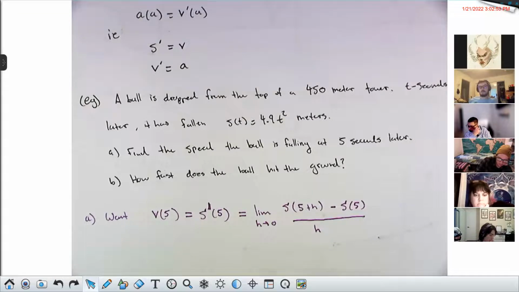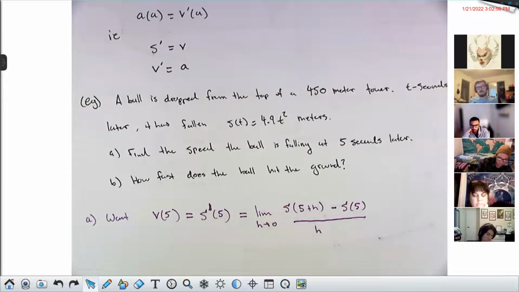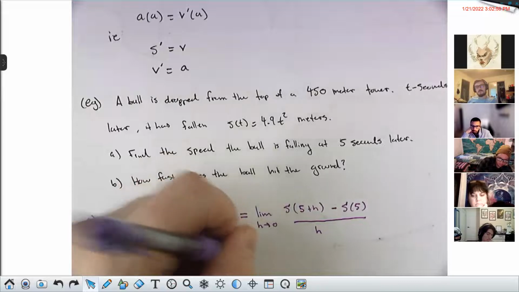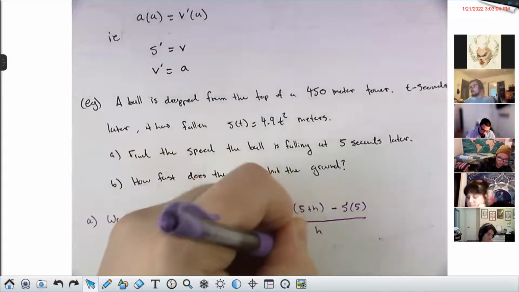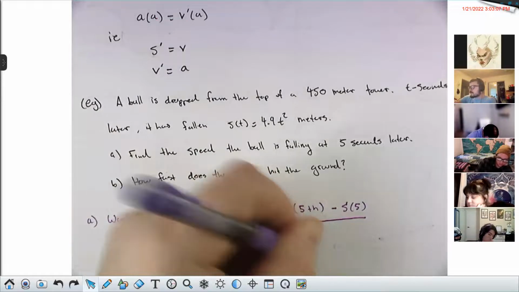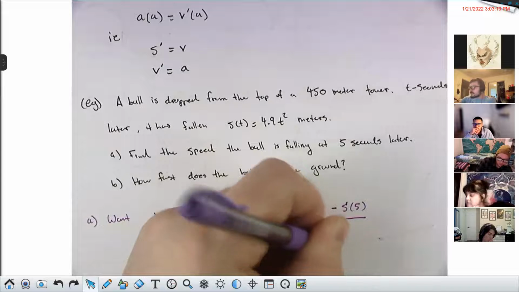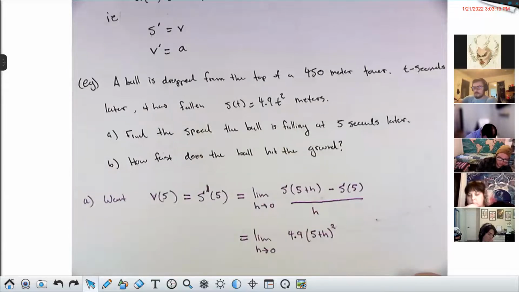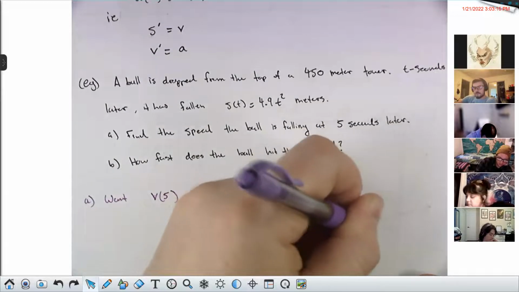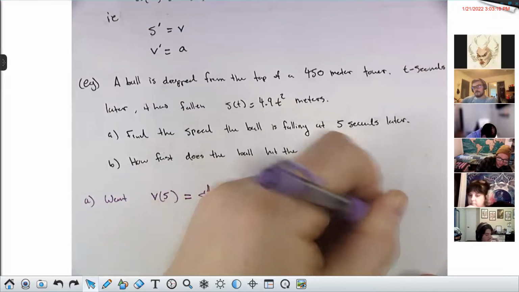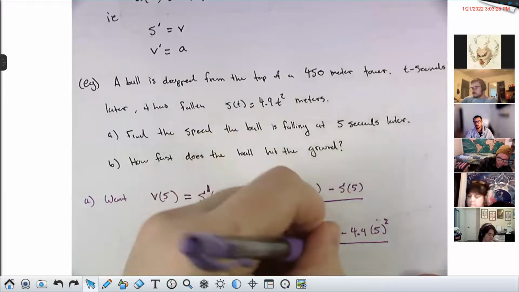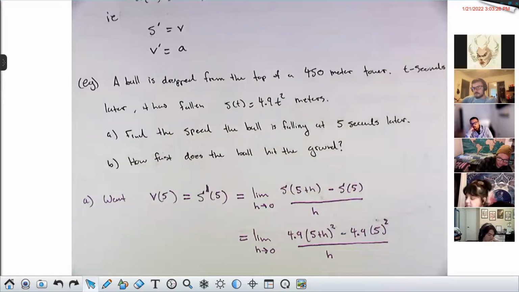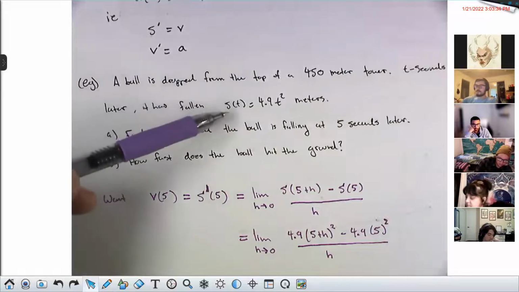And I'm just plugging into that new flavor of the derivative formula. This, when we plug in the function s, is the limit as h goes to 0 of 4.9 times 5 plus h squared, minus 4.9 times 5 squared, divided by h. Because my function s of t is this guy.